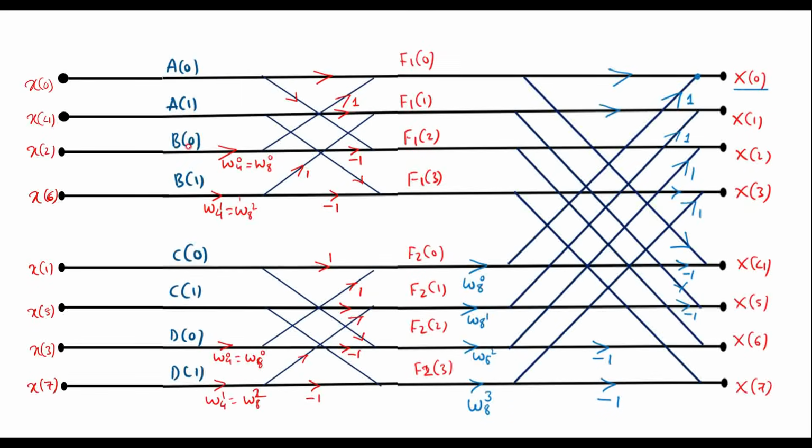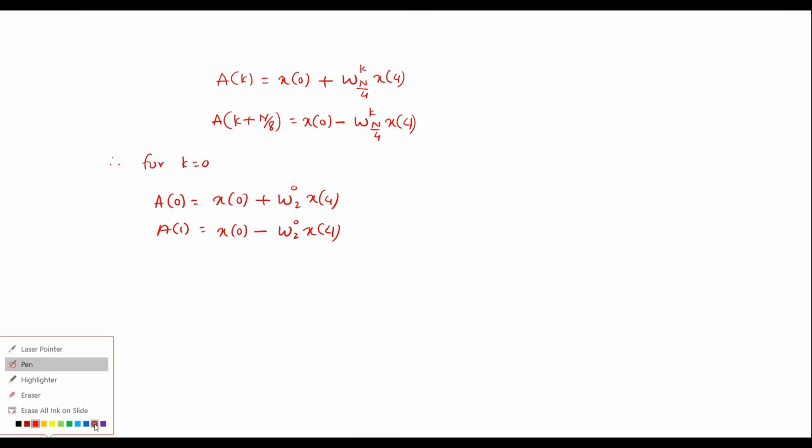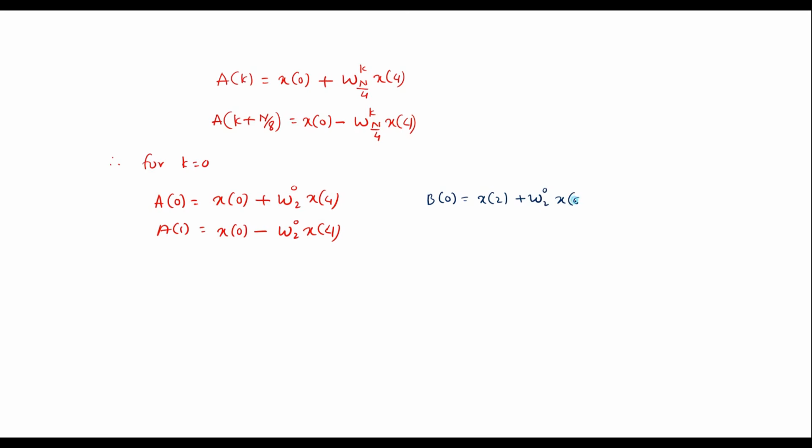So similarly, for the next 2-point DFT, the outputs are B of 0 and B of 1 and the inputs are x of 2 and x of 6. This can be written as B of 0 is equal to x of 2 plus w20 x of 6, and B of 1 is equal to x of 2 minus w20 x of 6.